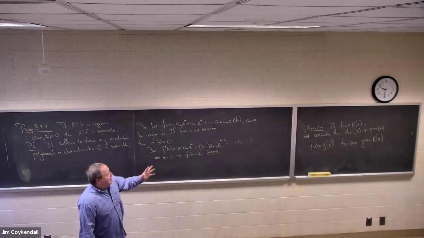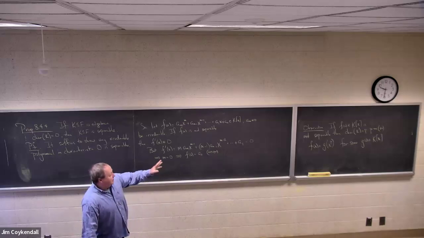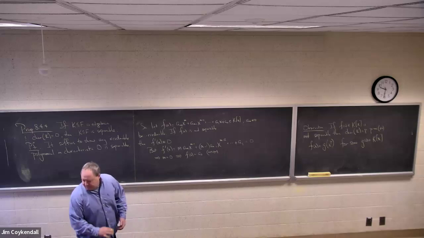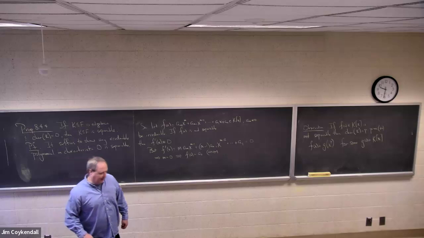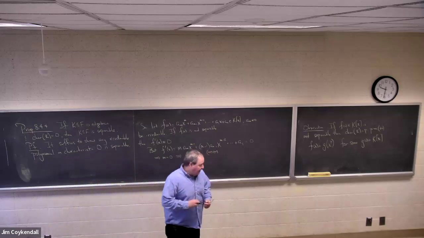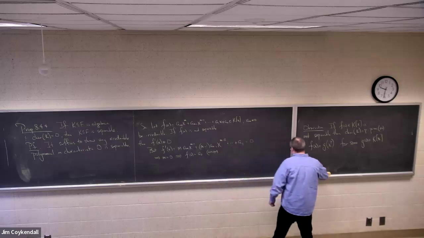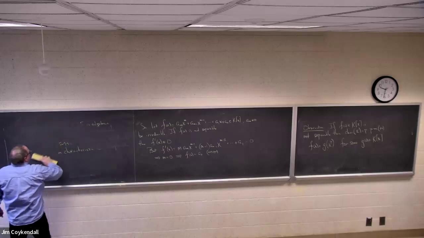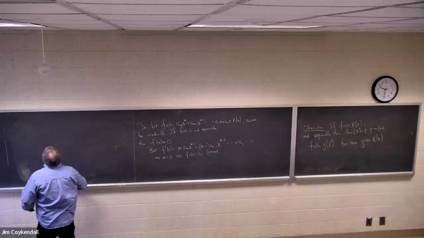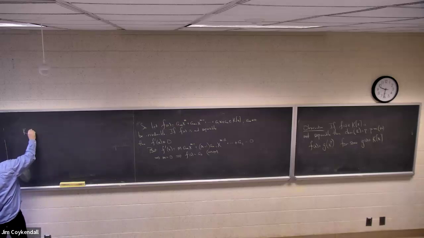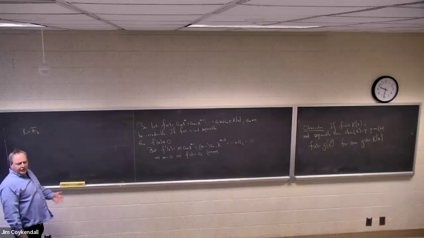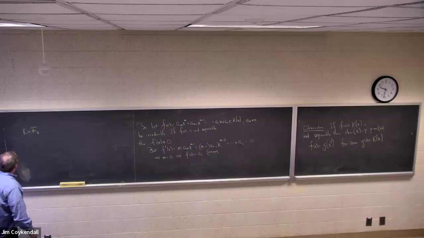So these are my usual suspects, right? For example, if you're in characteristic 2, and you look at the polynomial x squared plus x plus 1... let's just look at the quadratic polynomials.